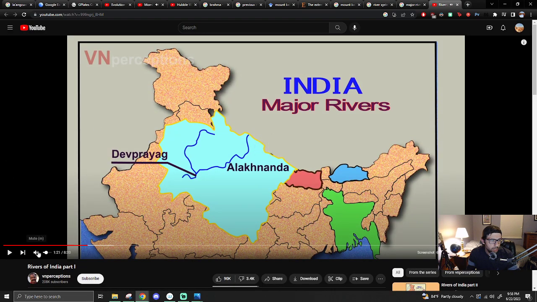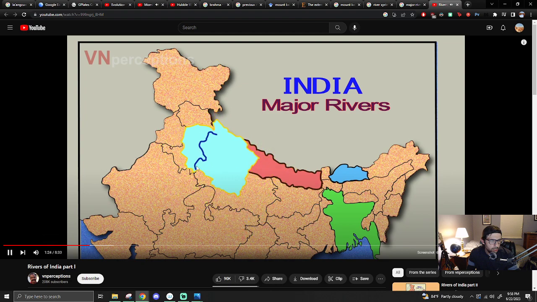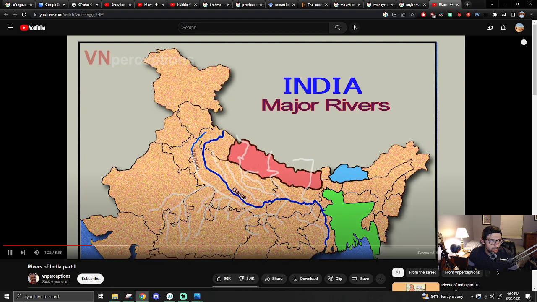And from here, the river is known as Ganga. Yamuna is the second largest. It didn't even go to this one. I guess this one starts here and goes that way and joins the Ganga. All these, I guess, also do that. Go this way.